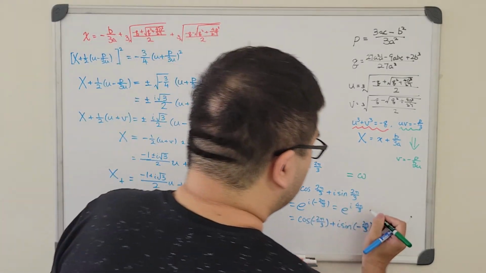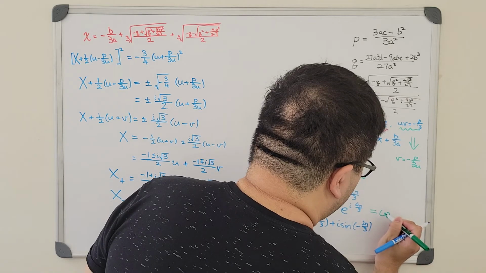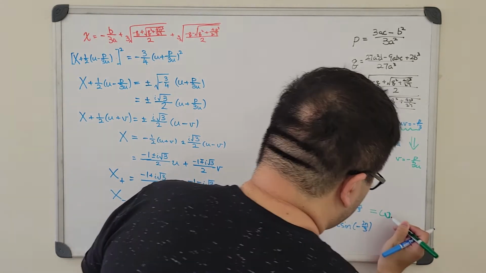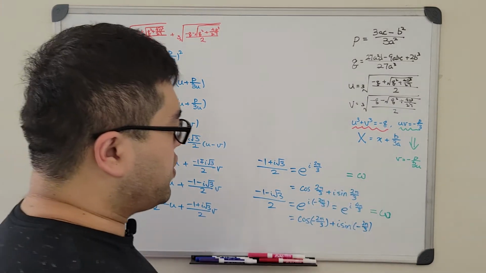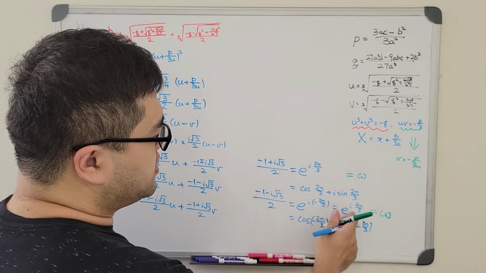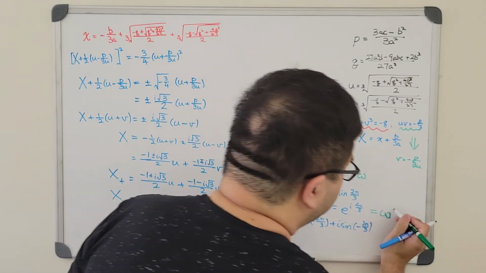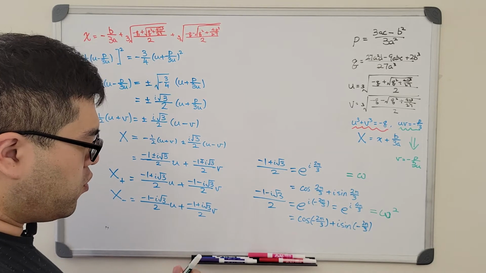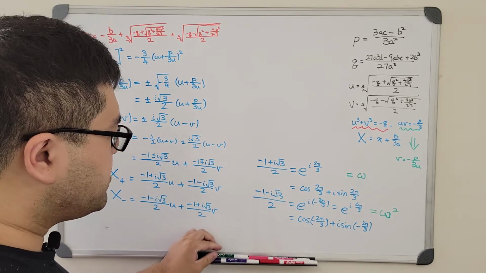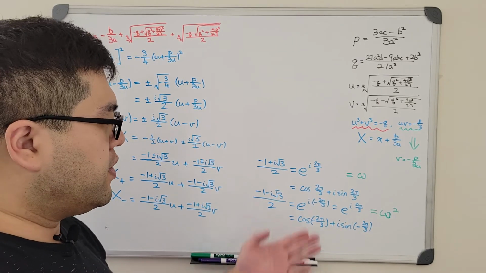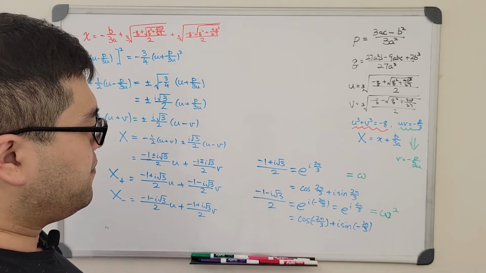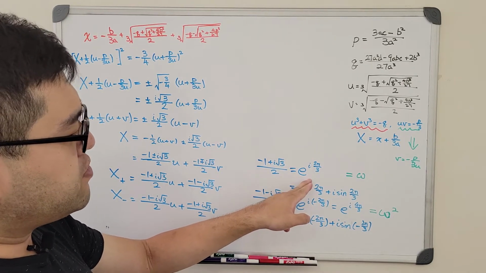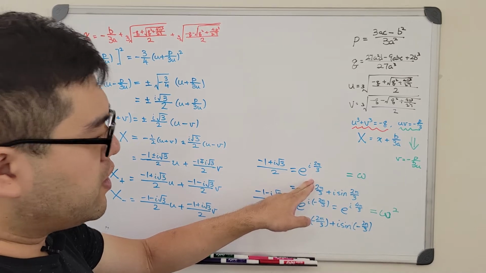And here, this is actually equal to omega square, as we can see that this is the square of this value. And of course, we can also say that omega cube, which is equal to this value to the third power, is actually equal to 1.